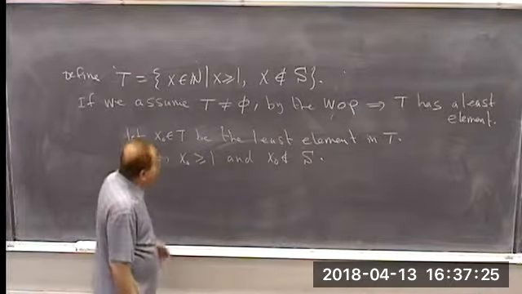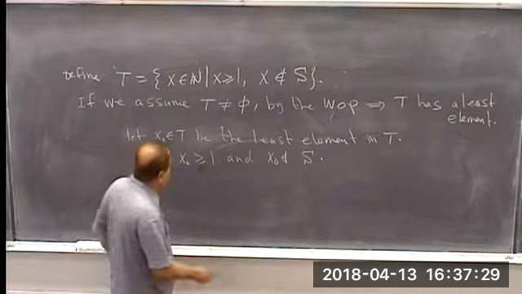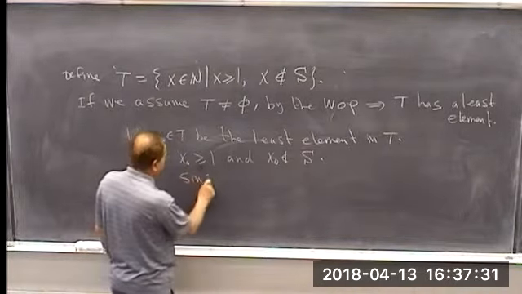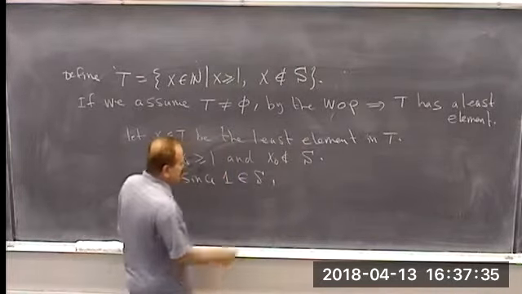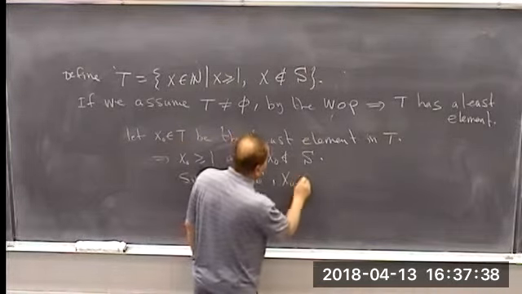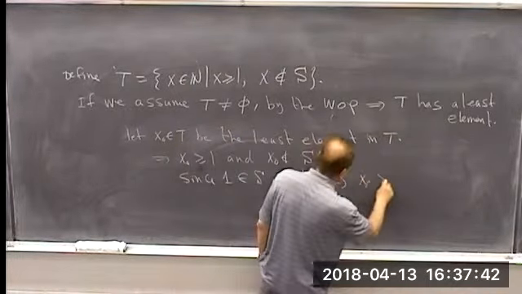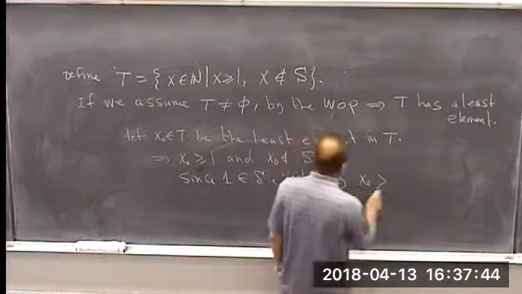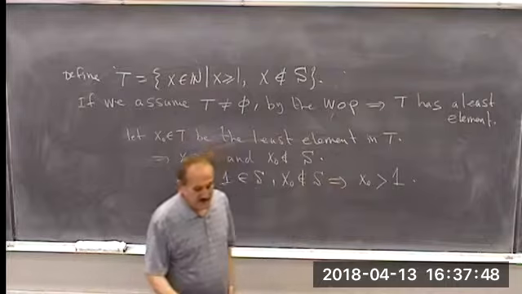All right? Now, again, since 1 is in S and x sub 0 is not in S, this implies that x sub 0 is supposed to be strictly bigger than 1. All right? So strictly bigger than 1.